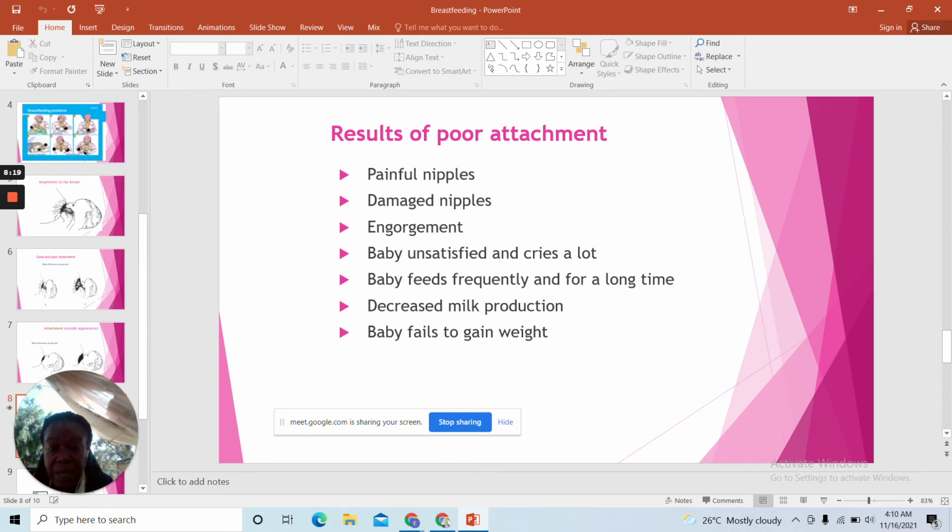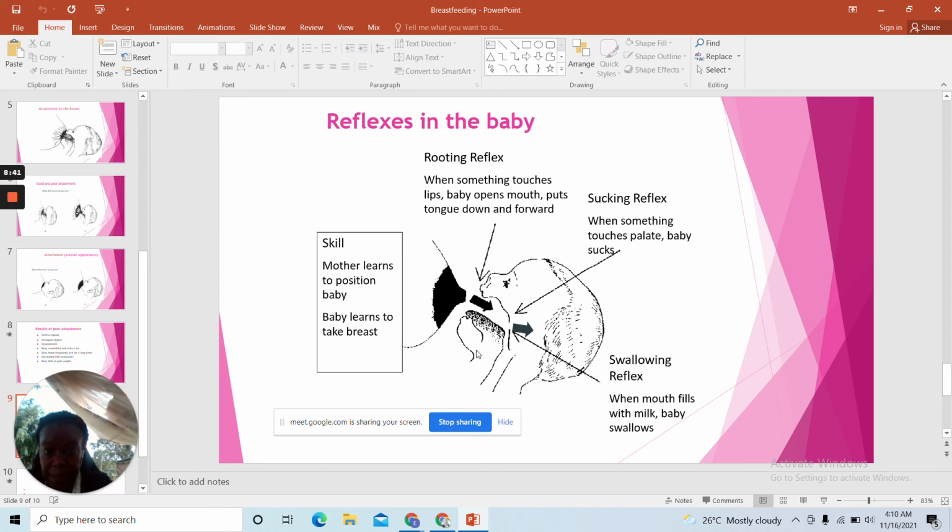We also have the baby being unsatisfied and crying a lot because they are not full. The baby also feeds frequently and for a longer time because they have not had enough milk going into their system. And then if the milk is not being well removed, the milk production will also decrease and the baby eventually will fail to gain weight.